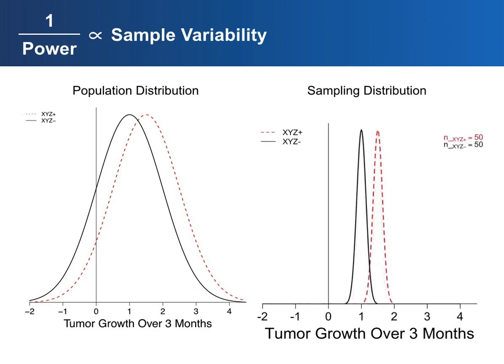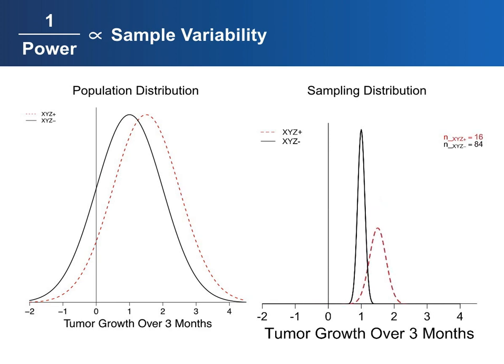Now, I mentioned before that the frequency of the XYZ gene is important. We have equal sample size for each of these because our frequency is 50%. But what if it were smaller? Then that would affect our sample distribution.